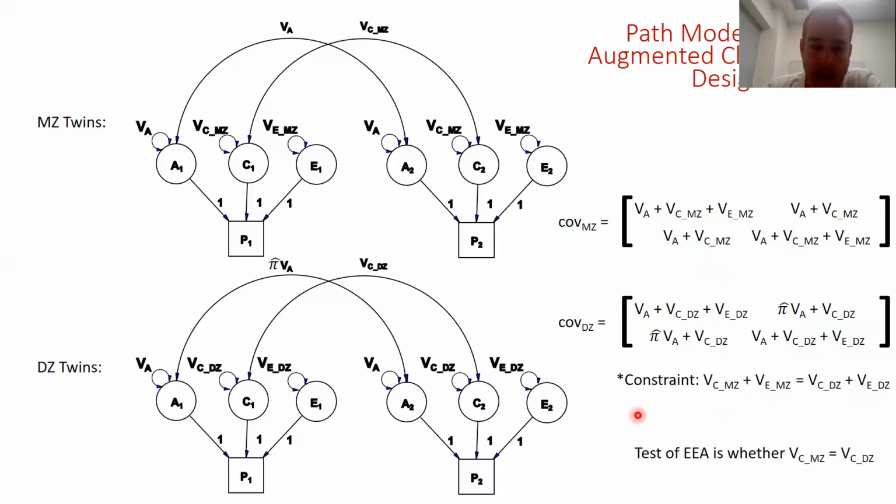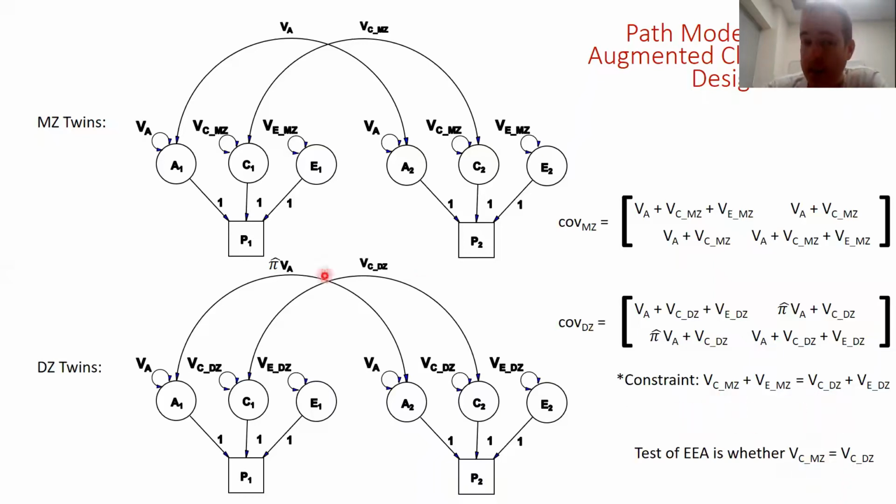And so a test of the equal environments assumption is basically whether you can set the common environmental components as between MZ and DZ twins equal, or equally, whether you can set VE equal between MZ and DZ pairs. It's the same thing because of this constraint here.